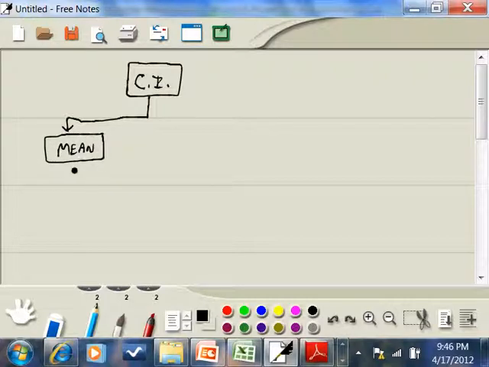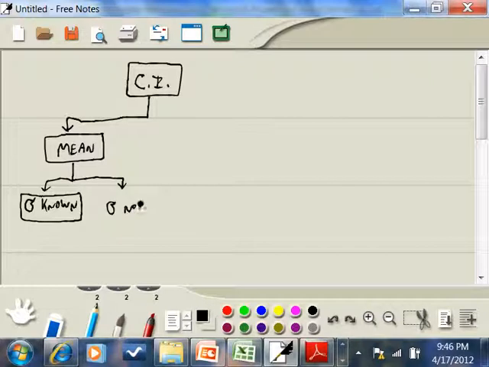Where you can find a confidence interval of a mean. And then there's the first case where sigma is known. Now sigma is your population standard deviation. And then the second one is where sigma is not known.